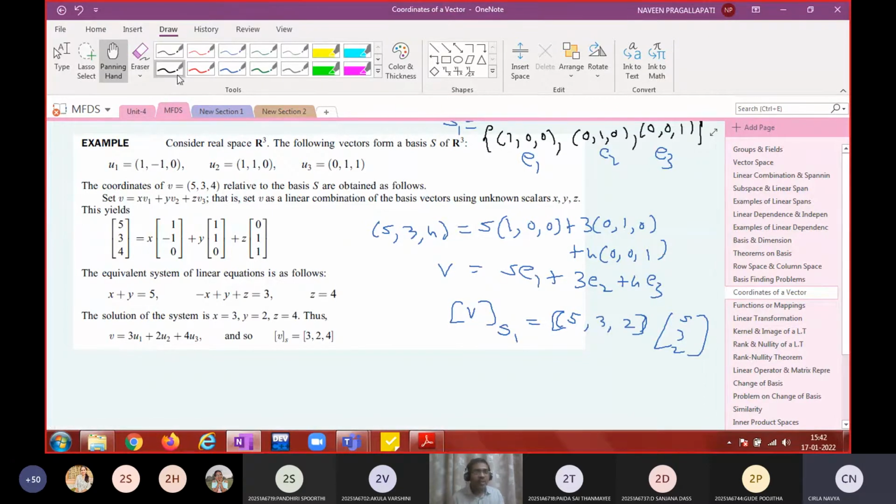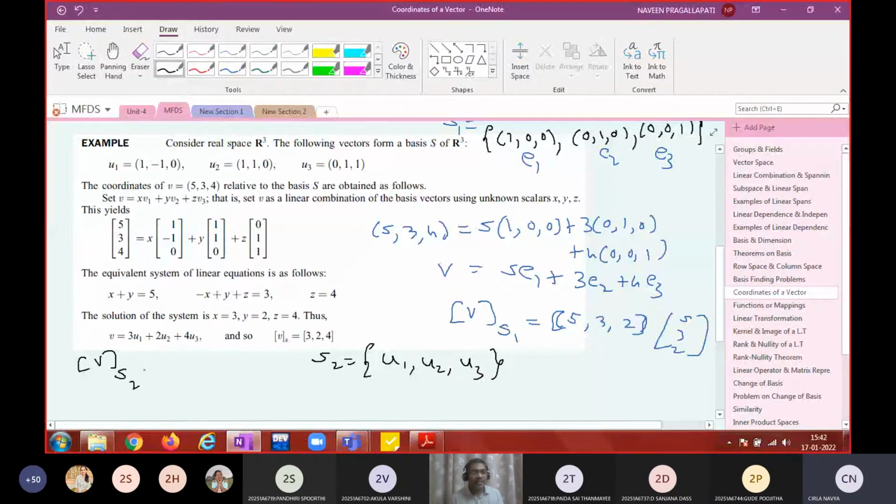So what is the coordinate vector? If I say S2 is another basis, what is that basis? u1, u2, u3. So what is the coordinate vector of this v relative to the basis S2? This is going to be (3,2,4).